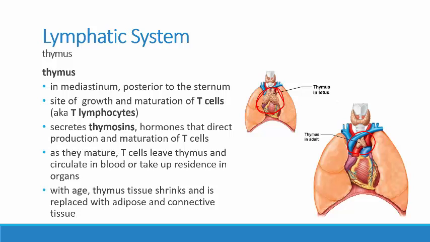And so by the time we reach old age, the thymus is very small, and this can contribute to a little bit of why older geriatric folk have a weakened immune system, because they're not directing and training and maturing the same number of T cells that a young person in their prime might be maturing and growing.